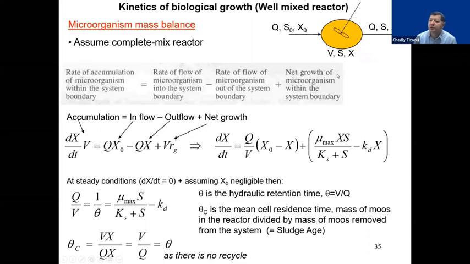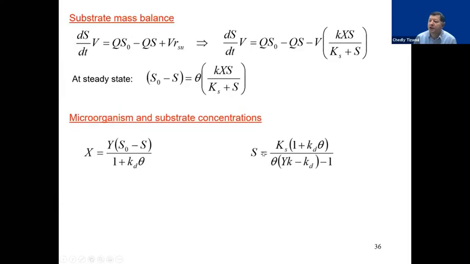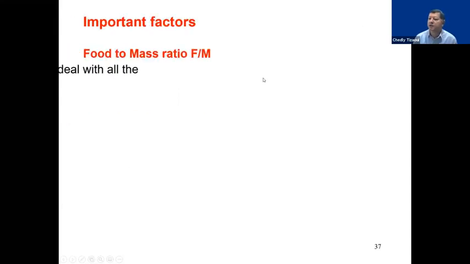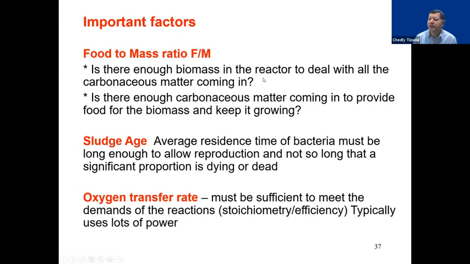This is the case when we have a completely mixed reactor with the flow coming in and flow coming out. There is no recycle, but we'll see the case when we have recycle. There is no need, I think, to go through all the details on how to obtain these equations, but from the mass balance, you will be able to develop them. I placed emphasis on the food to microorganisms ratio.